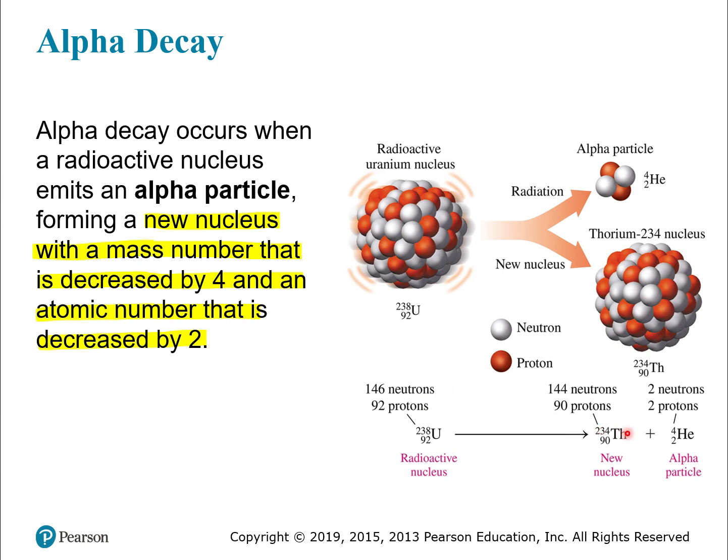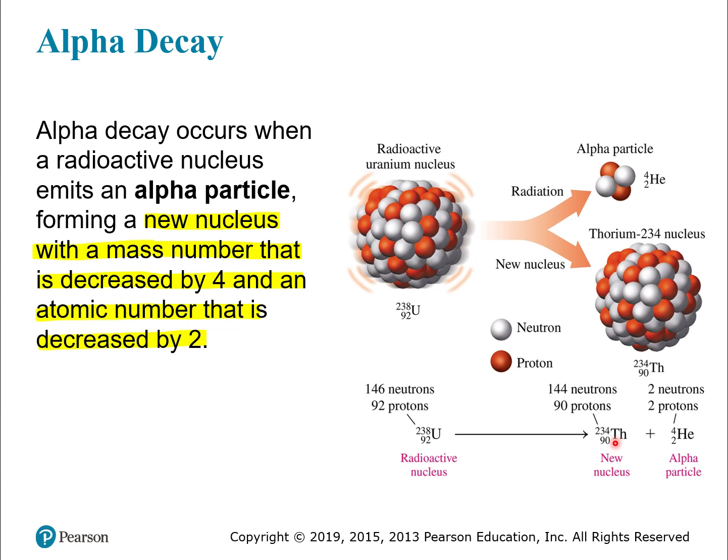When it emits an alpha particle, notice how the new mass number for this new element is 4 fewer. 238 minus 4 gives you 234. The atomic number is 92 minus 2, which is 90.